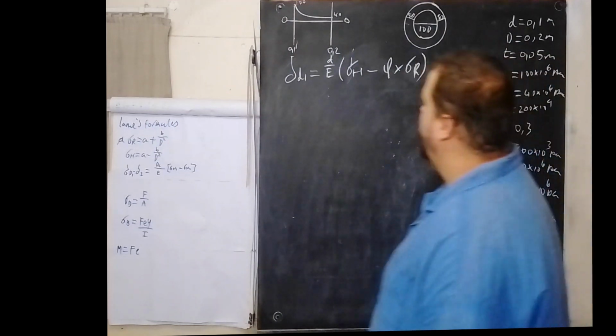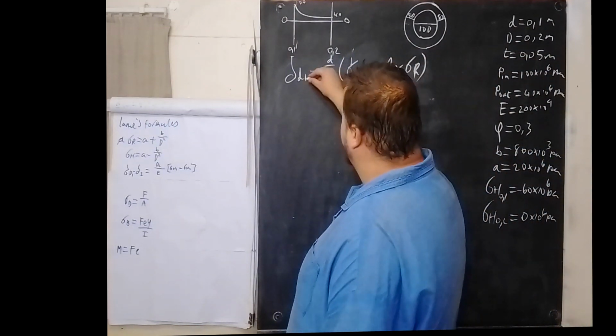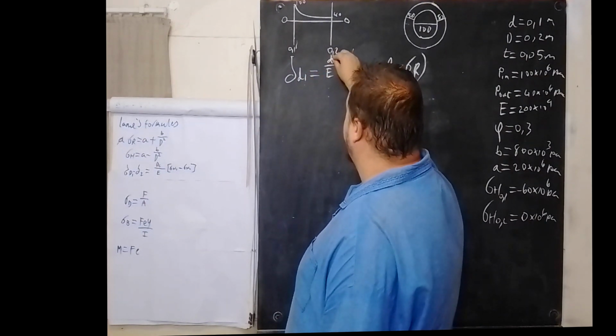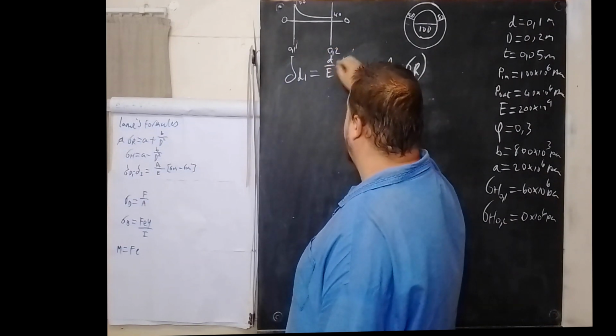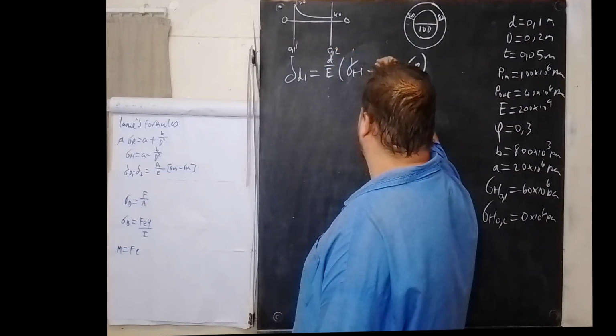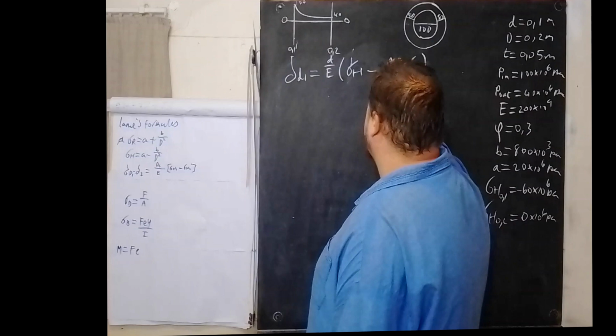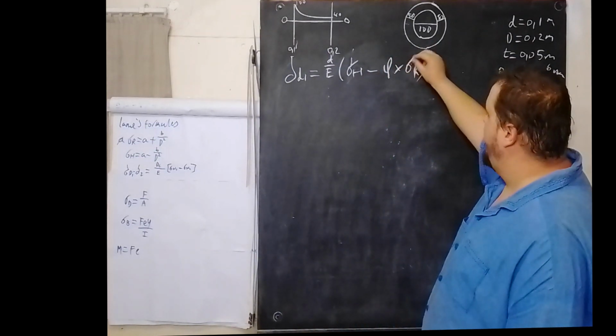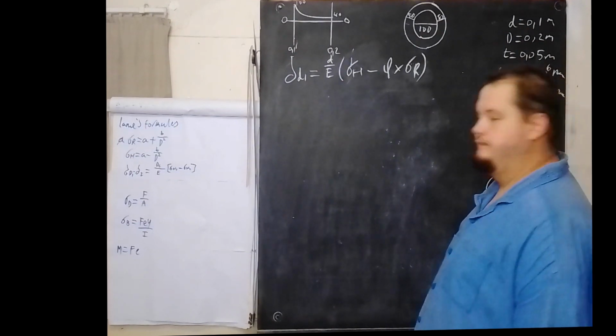What we're trying to work out is equal to D over E times our hoop stress minus our Poisson's ratio times our radial stress.